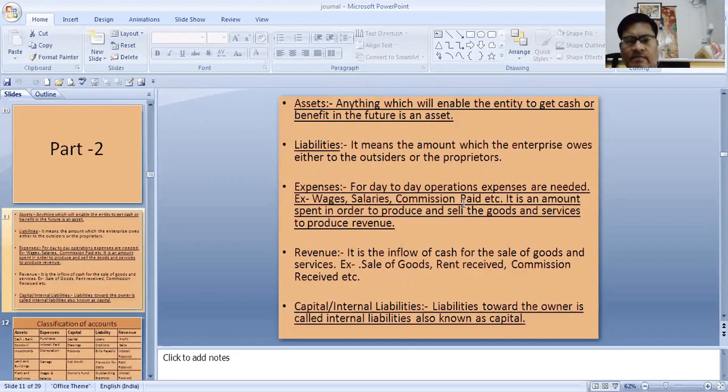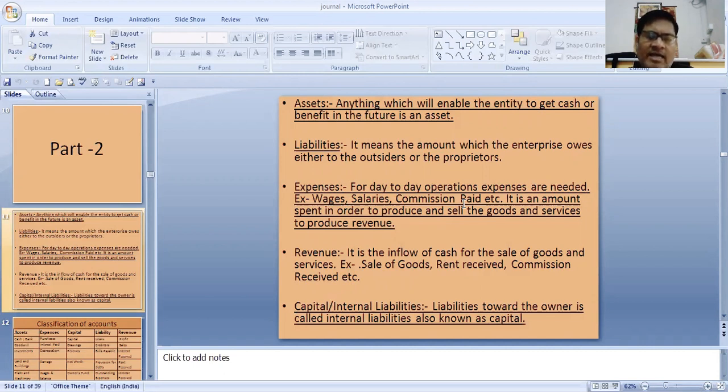Land and building, plant and machinery, fixture, furniture, goodwill. These are all those assets through which a business can get benefit in the near future. These assets can be tangible, we can touch them mostly, and some are intangible, they also give us benefit, like goodwill, patents, copyrights, and so on.